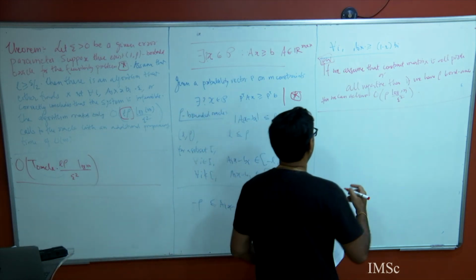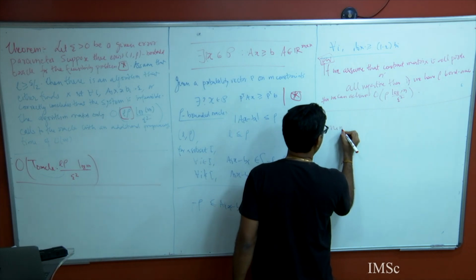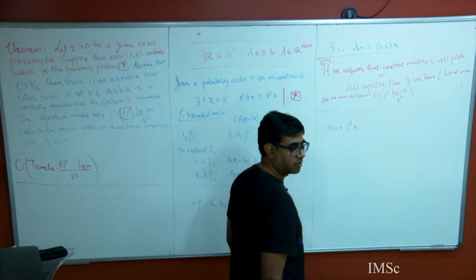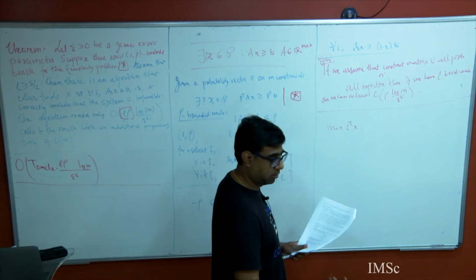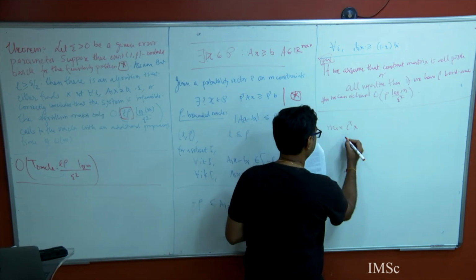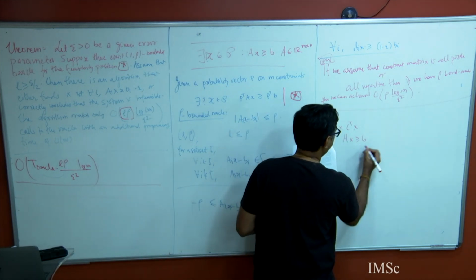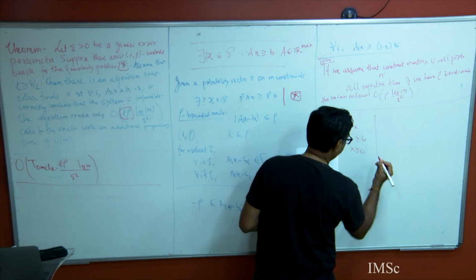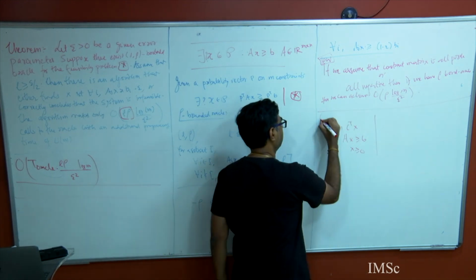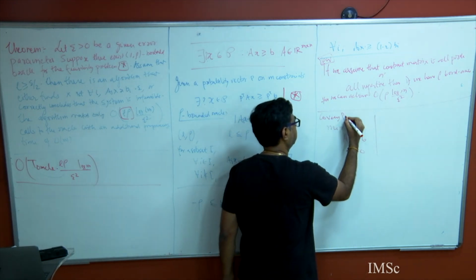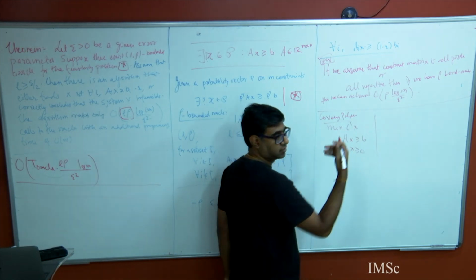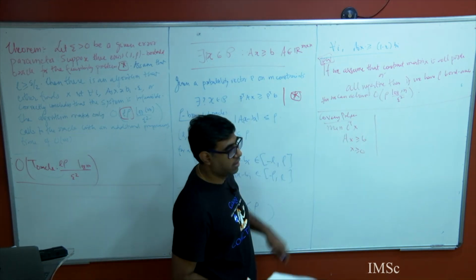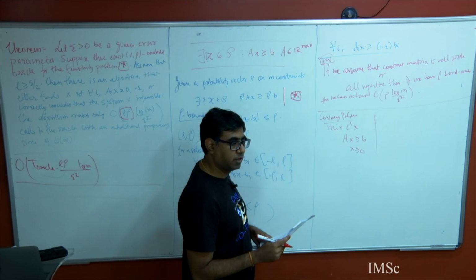Because what happens if you have covering problems? Then you are basically saying minimize c transpose x, subject to Ax greater than or equal to b, x greater than or equal to 0. This is what is called a covering problem. I want to cover some things. And suppose A is positive. What can we do?